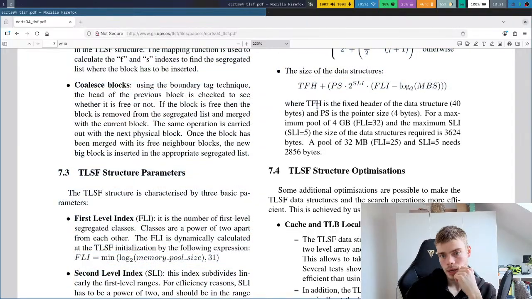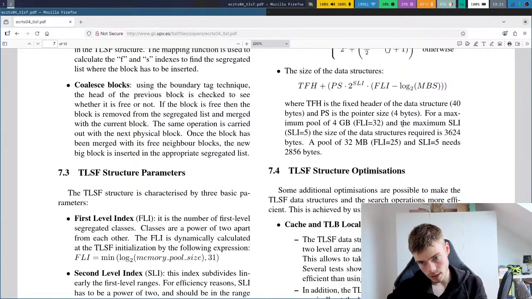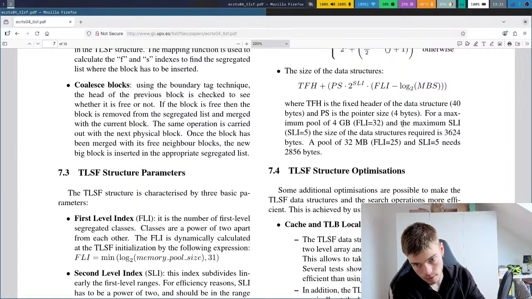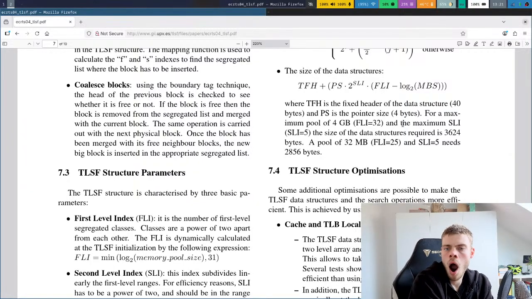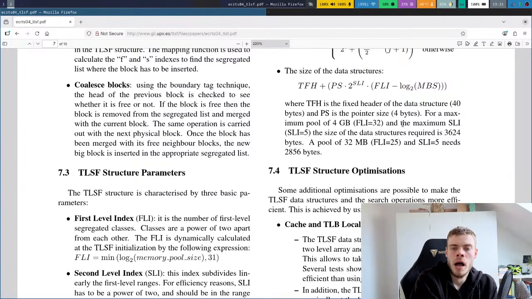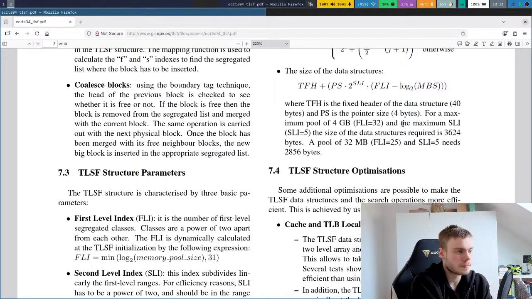Where TFH is the fixed header of the data structure in bytes and PS is the pointer size in bytes, for a maximum pool of 4 GB, FLI is equal to, and I thought this FLI is the minimum of those two. And the maximum SLI is equal to 5.